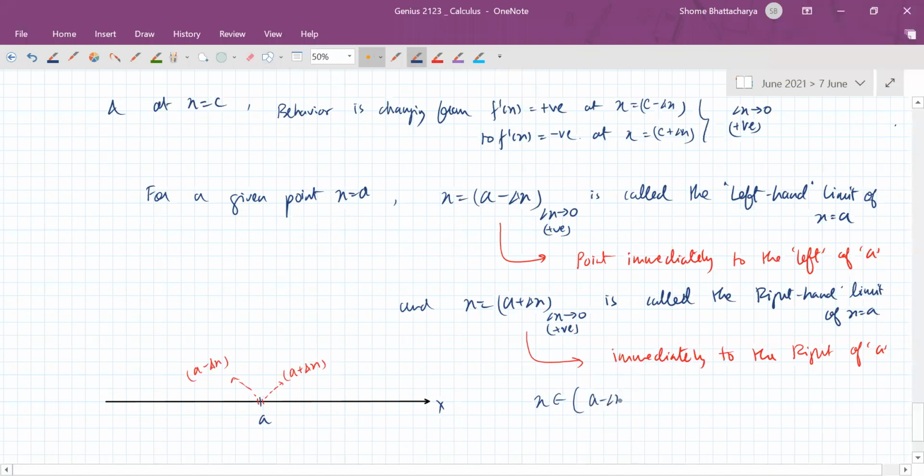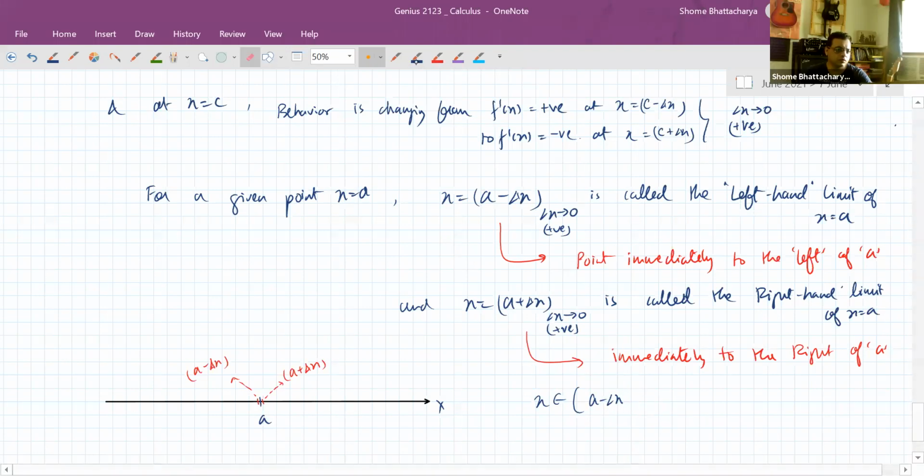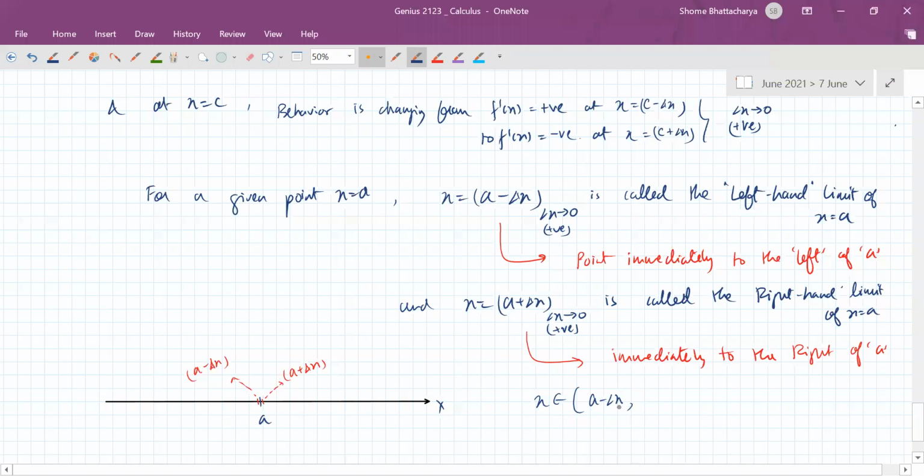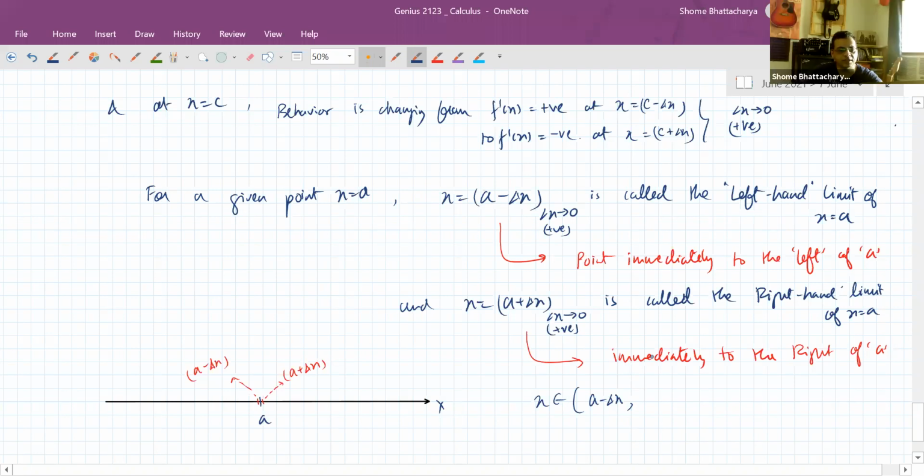Sir, but can we take any other point other than the left-hand limit or the right-hand limit just before a, to define local maxima and minima? See, it can always happen like this, that you have a situation like this.